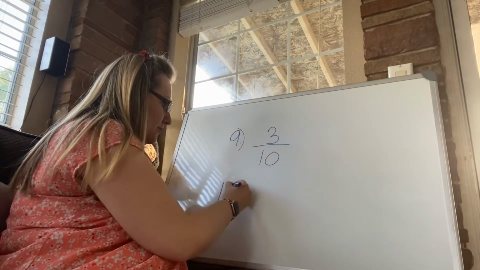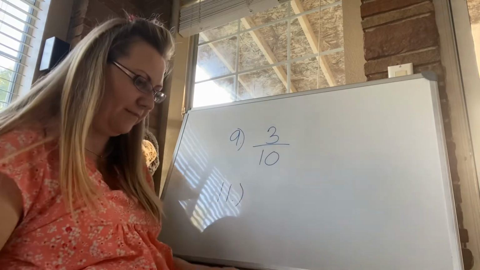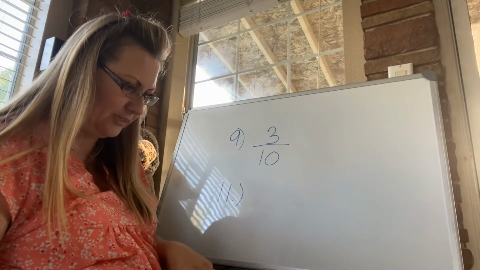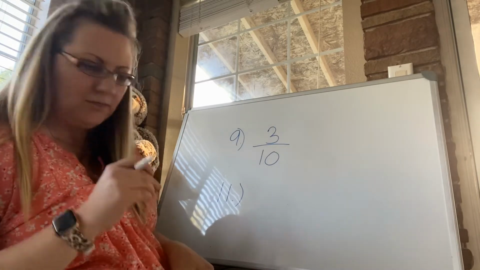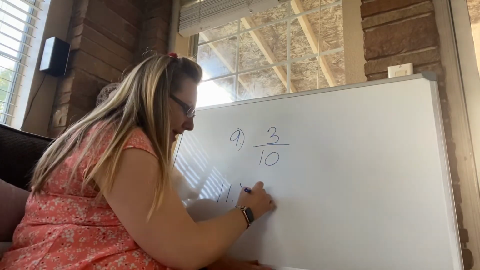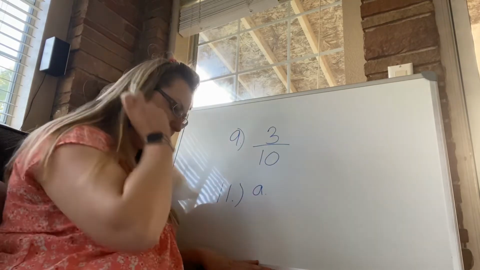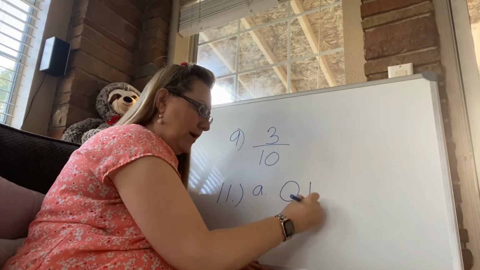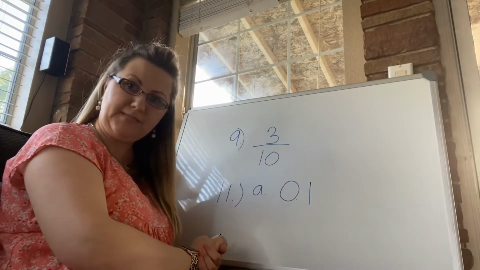Let's move on to problem number 11, which says write each decimal number as a fraction. All right, so I see in letter A something that looks like 0.1, right?